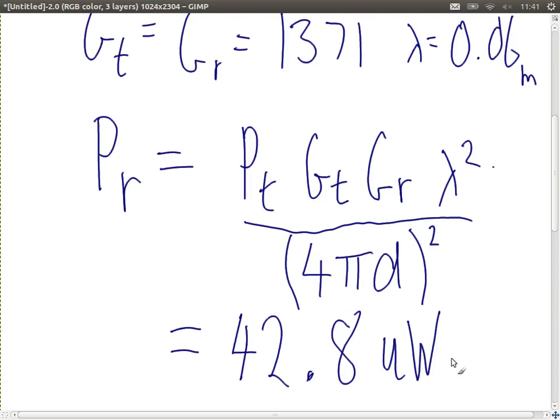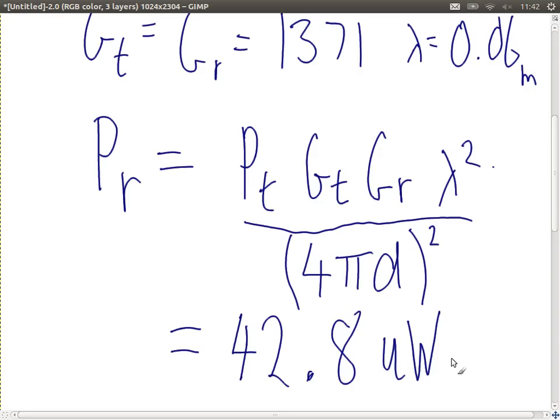You don't have to do the calculation now. In an exam, you'll have your calculator. You can solve that easily. What it tells us is that if I start with a power of 1 watt, with these 2 antennas and this 5 gigahertz signal, the antenna introduces some gain, so think of that as magnifying the amplitude of my signal.